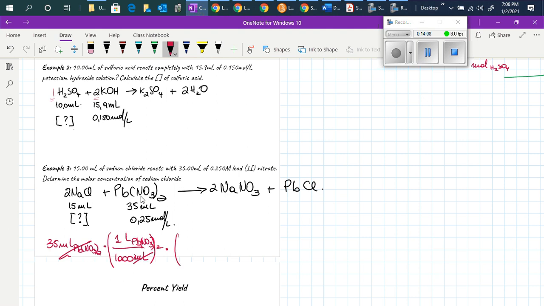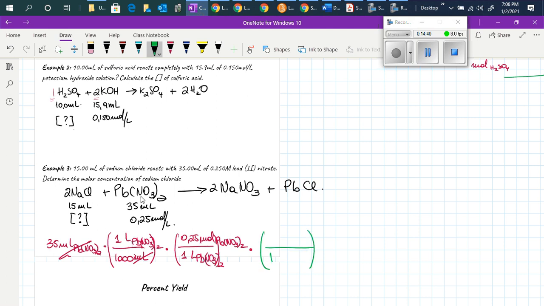Now we have the concentration. So in 1 liter of Pb(NO3)2, 0.25 moles of Pb(NO3)2. And as soon as we have the moles of the known, then we move to the unknown, moles of the unknown, using the molar ratio.